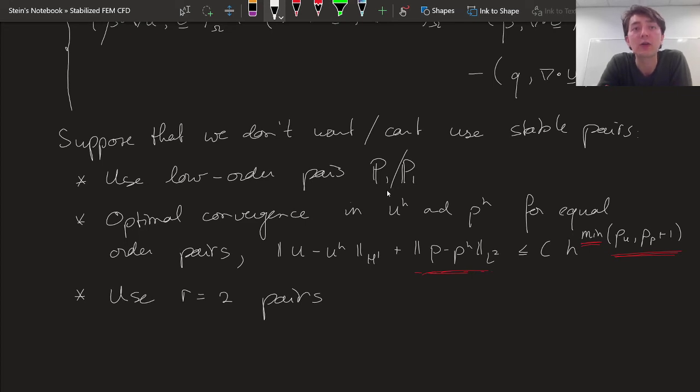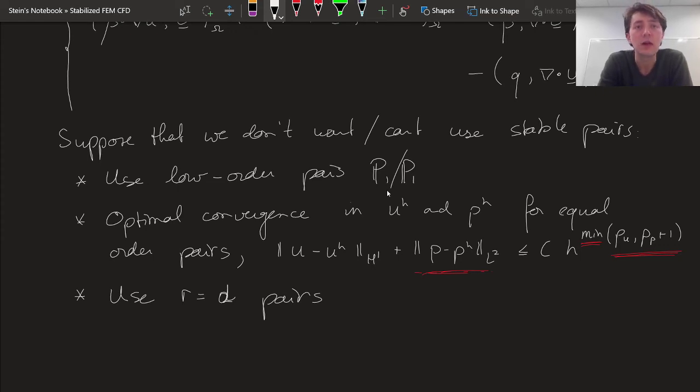And even though that had optimal convergence, the solution fields for the velocity did not quite satisfy our incompressibility constraint very well. And suppose that you're dealing with problems where that incompressibility constraint is actually very important, you don't want to have any mass loss, then it's important that we use pairs that are very close to this R2, this ratio of 2. And that's again specific for the two-dimensional case, so let me say actually R is equal to D, right? The physical dimension.